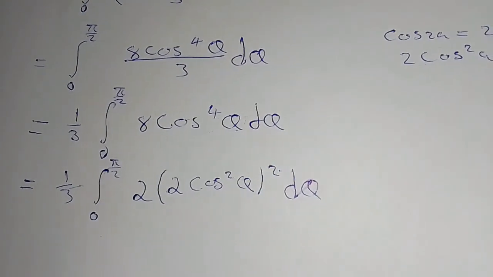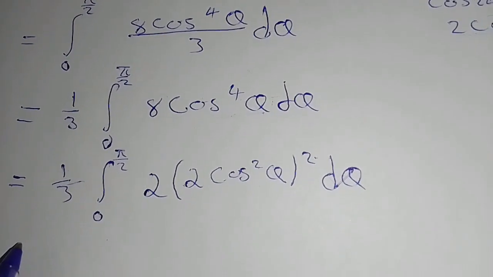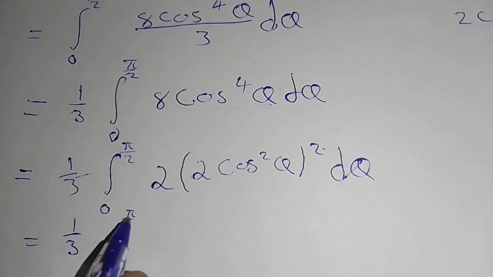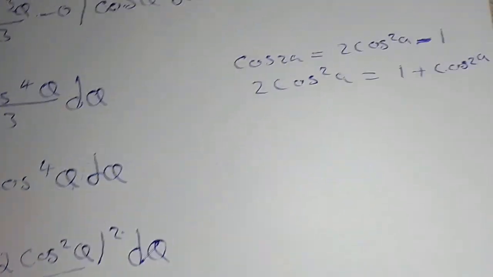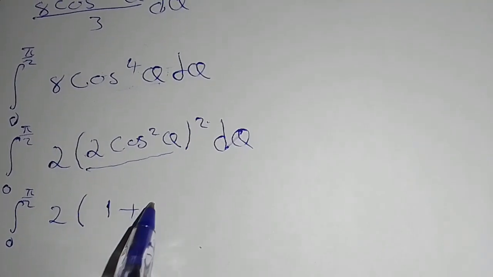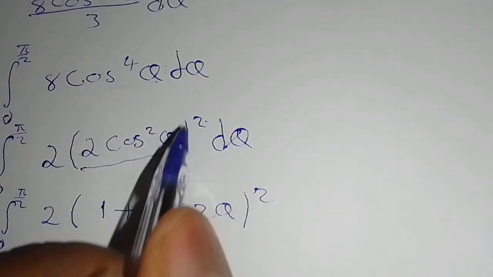Right. Okay. I hope we're still on the same page. Then we know that we can rewrite 2 cos² theta as 1 plus cos 2 theta. So you have 1 plus cos 2 theta. Then we square that, we have that square right there.